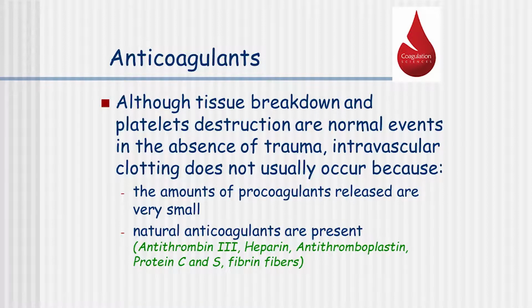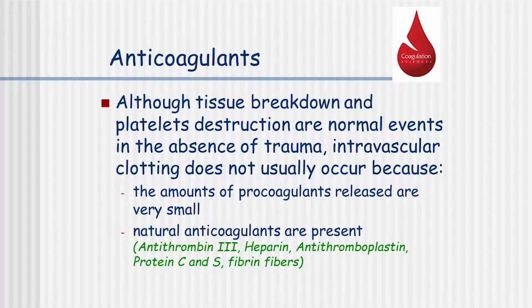And so although tissues break down and platelet destructions are normal events in the absence of trauma, intravascular clotting does not usually occur because there are various amounts of procoagulants released in very small quantities, so that the natural anticoagulants are present. So if there are blood clots in the blood, the natural anticoagulants will dissolve it.